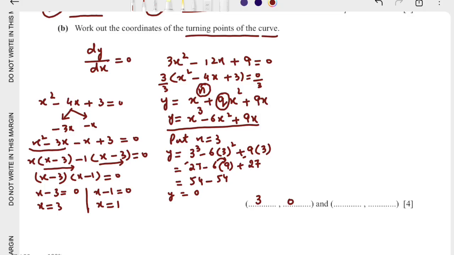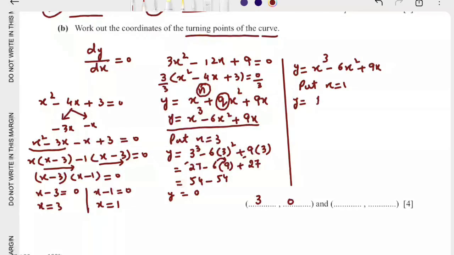Now we have to substitute 1. I'm writing the equation again. y is equal to x cubed minus 6x squared plus 9x. Now put x is equal to 1. y is equal to cube of 1 minus 6 times square of 1 plus 9 into 1.